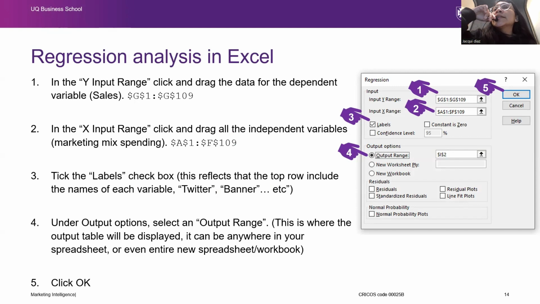Also, you need to select the output option. You can put the results of your regression analysis in a new worksheet, or in the same one that you are working on now. So you can just select the output range, the cell where you want to see your result, and after you click OK, you will see the results.